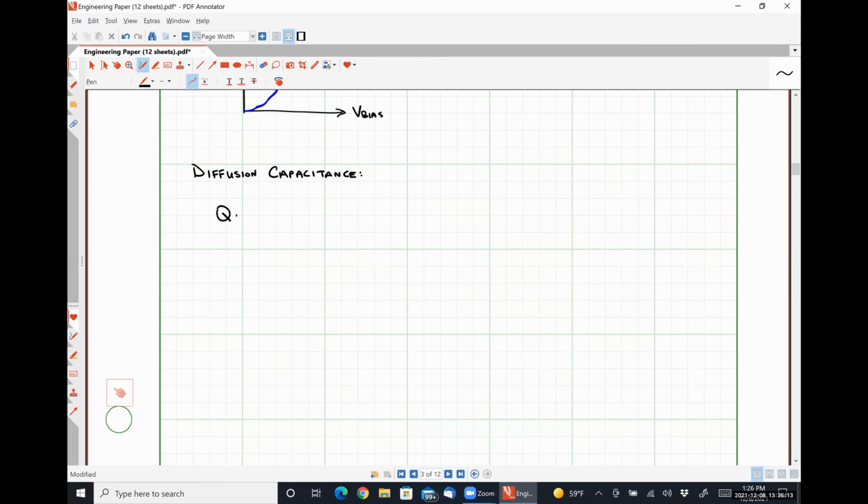So the total charge accumulated due to excess carriers is going to be Q A times N_i squared times L_P over, sorry, that shouldn't be a D, that should be an N, N_D, plus L_N over N_A, times exp of Q V_bias divided by k_B T, minus 1.